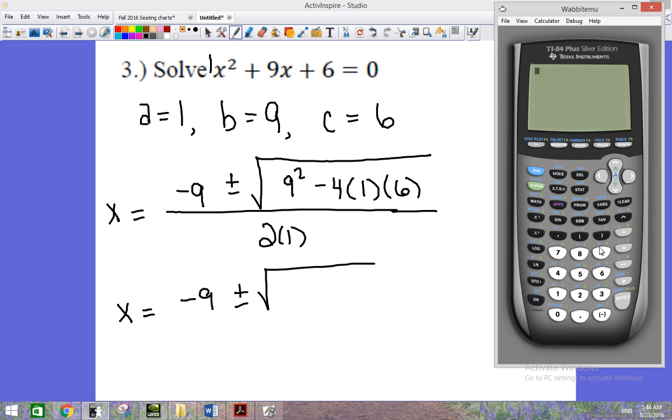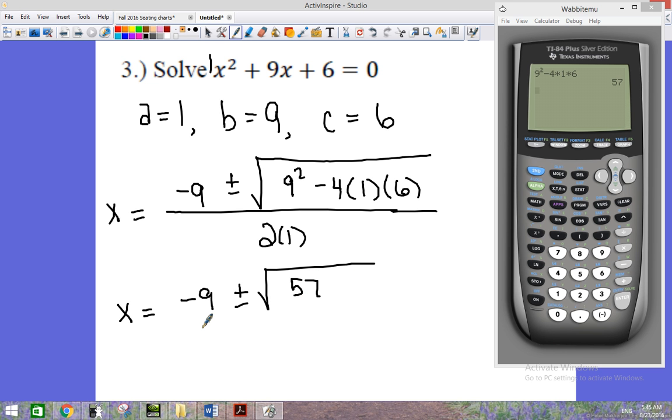9 squared is 81, and 81 minus 24, is that 57? 81 is 9 squared, right? I didn't have to key that in because 4 times 1 is 4, times 6. So 81 minus 24, yeah, 57.